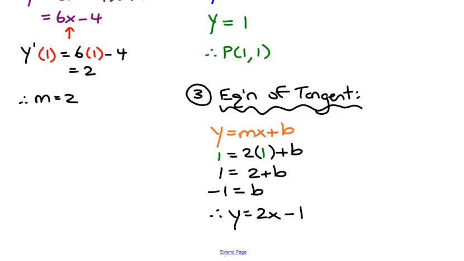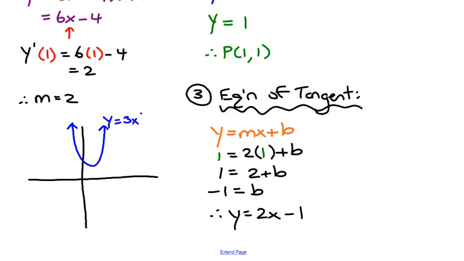Now, if I'm going to draw something like this, what it would look like is, first of all, your original formula is some sort of a parabola. I think it might look something like this. Okay, this is your y equals 3x squared minus 4x plus 2.